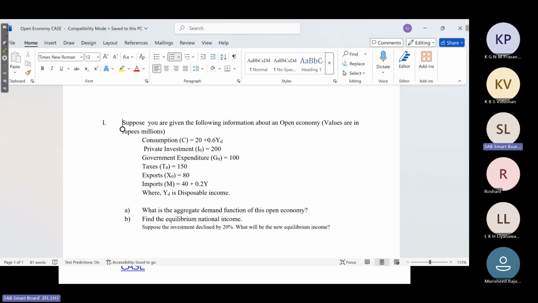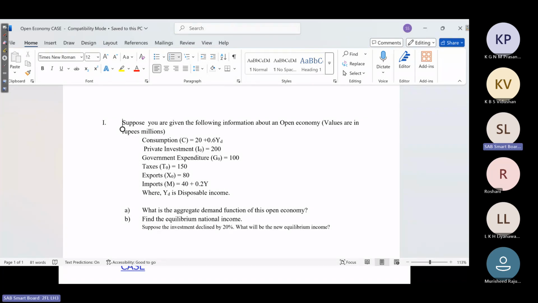Delta y we don't know. Delta I is 40. The marginal propensity to consume is 0.6, so 1 over 1 minus 0.6.